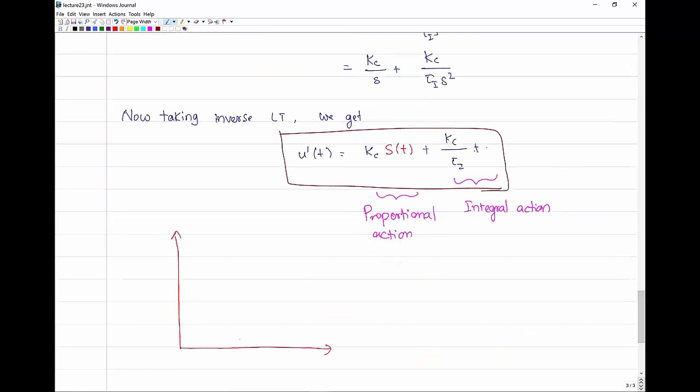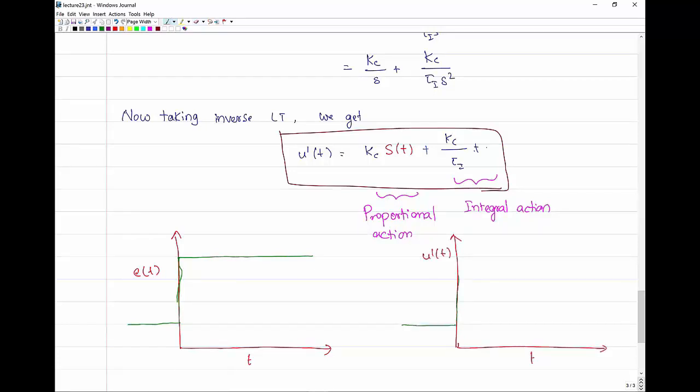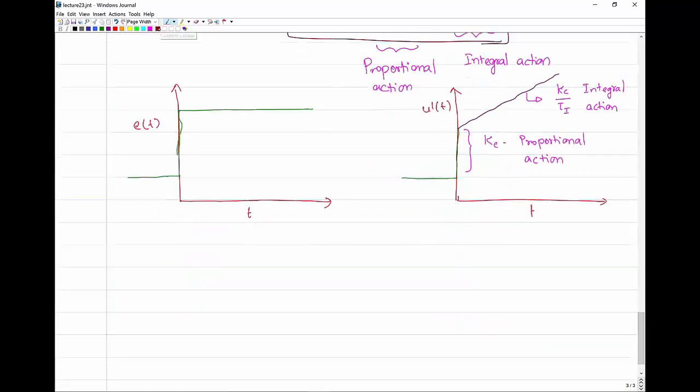Intuitively, the response of a PI controller must be the combination of responses of the proportional and integral controllers, which is exactly what we see here. The proportional action results in a quick, immediate action right at time 0, and the integral action takes over after that, adjusting the input to the process in such a way that it eventually pushes the process to the set point.